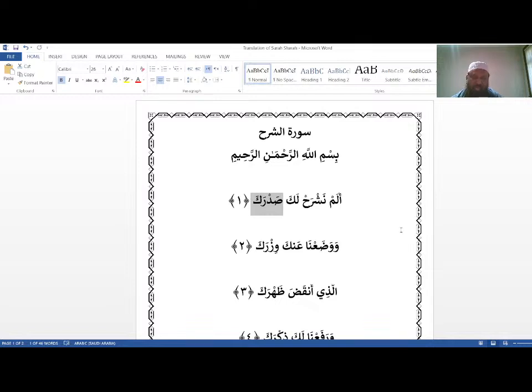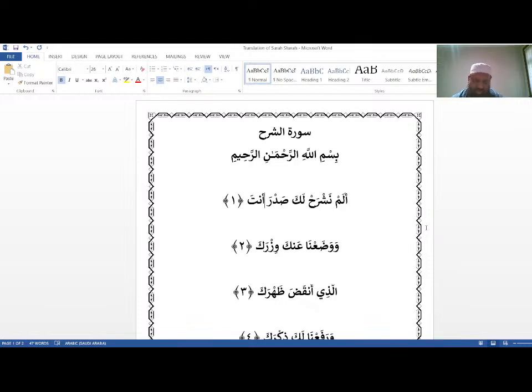What about what the kaf is doing there? Now this kaf, as we said, is any damir that comes with any ism that becomes mudaf and mudaf ilayh. Suppose I want to take this ka and put anta, for example. Suppose I want to say your chest.